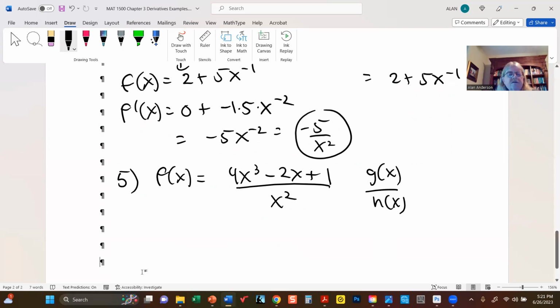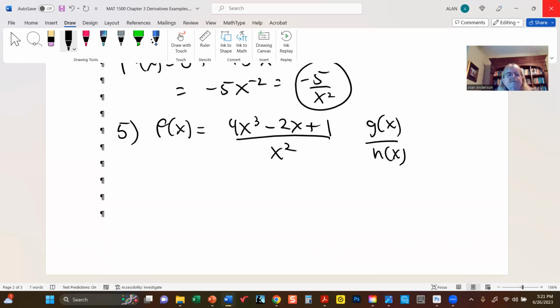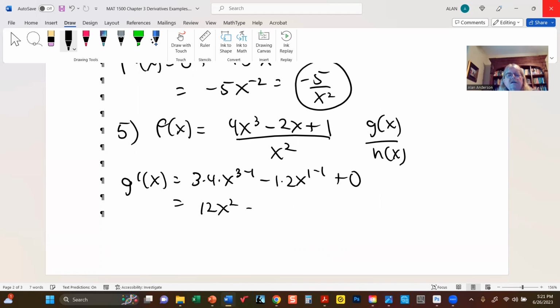So first, let's figure out g prime of x and h prime of x. Based on that numerator, we'll have 3 times 4 times x to the 3 minus 1, minus 1 times 2 times x to the 1 minus 1, plus 0 minus 2.